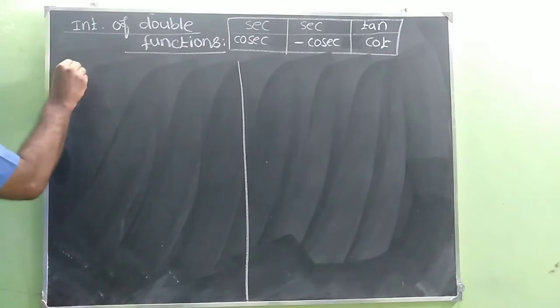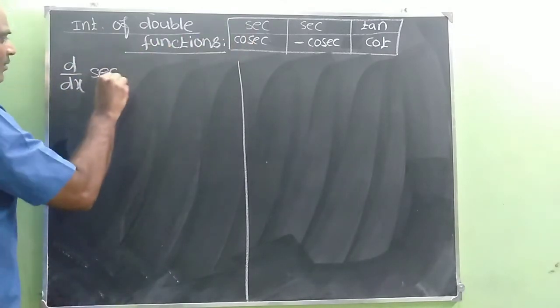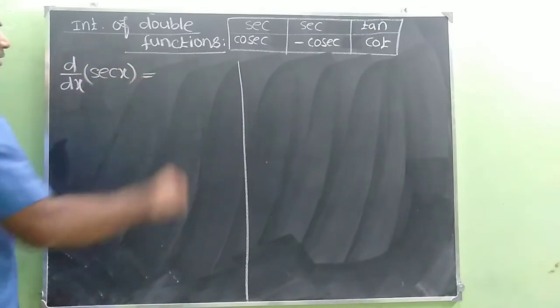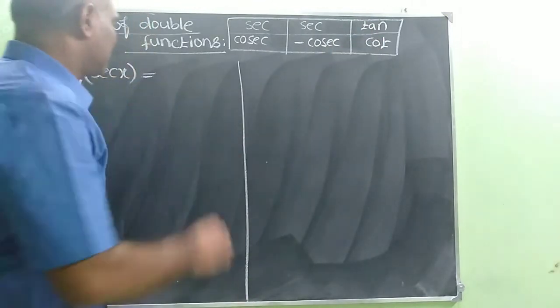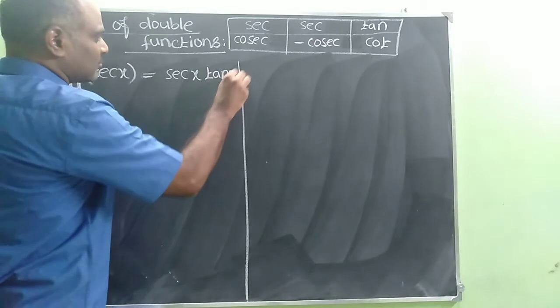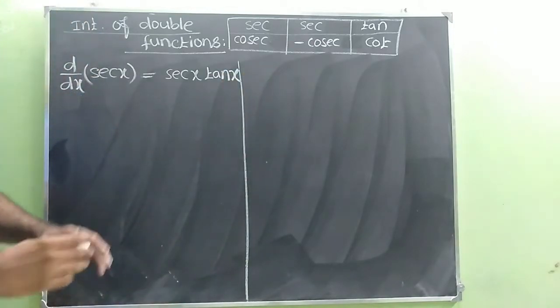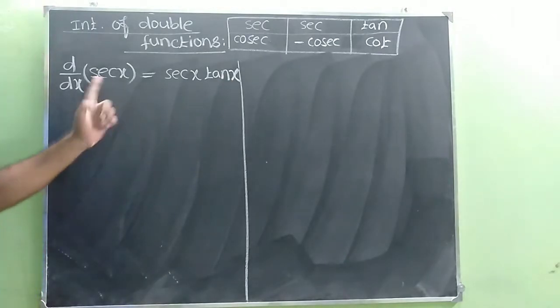Consider the derivative of secant x. Differentiation of secant x equals the remaining two terms, secant x into tan x. Next see the reversal order. Integration of secant x into tan x equals secant x.